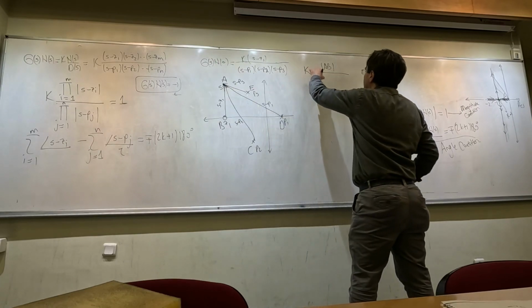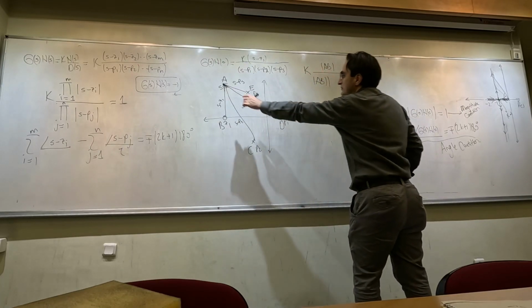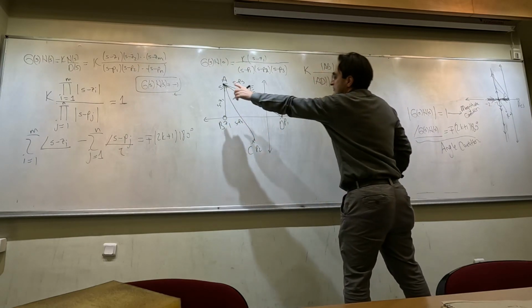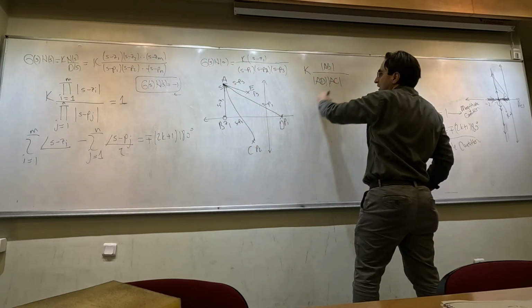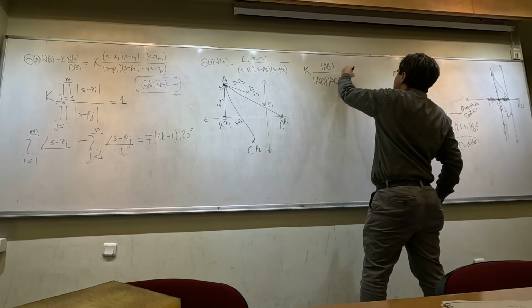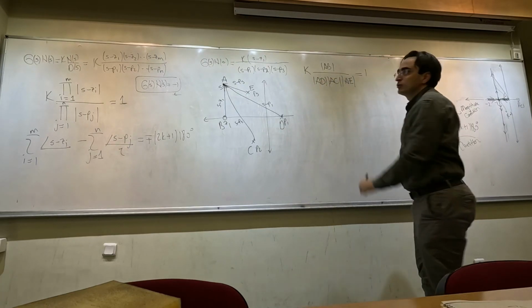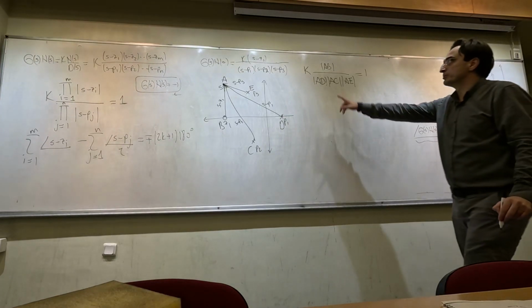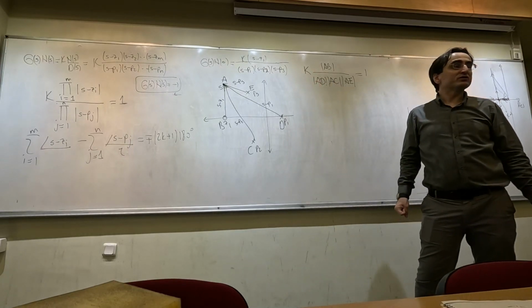These are going to be AD, AC, and AE. This should be equal to 1. For the magnitude condition to be satisfied, I need this equation to be satisfied for some positive K.